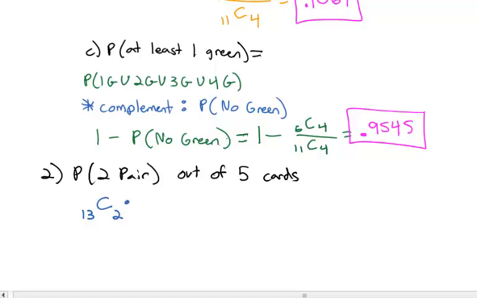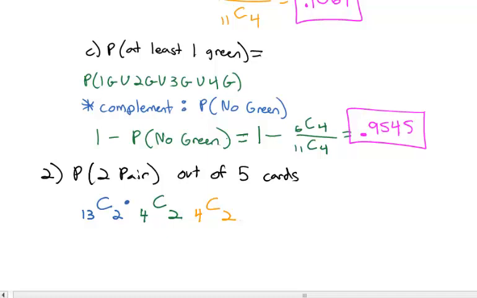Now that we've done that, we're going to pick the suit. Let's say we've picked jacks. There are 4 jacks. We're going to choose 2 of them to be a pair. The other pair is queens. There are 4 queens. We're going to choose 2 of them to be queens.